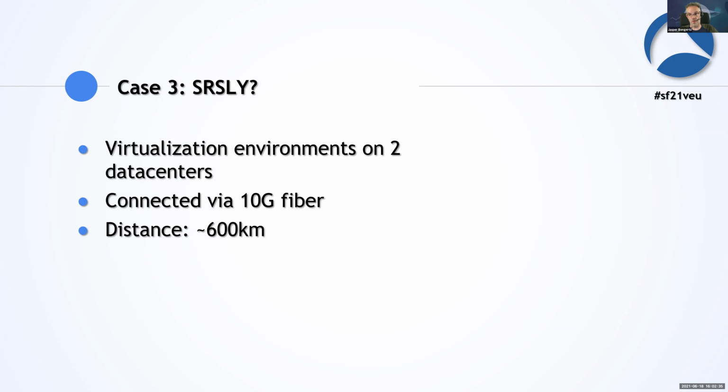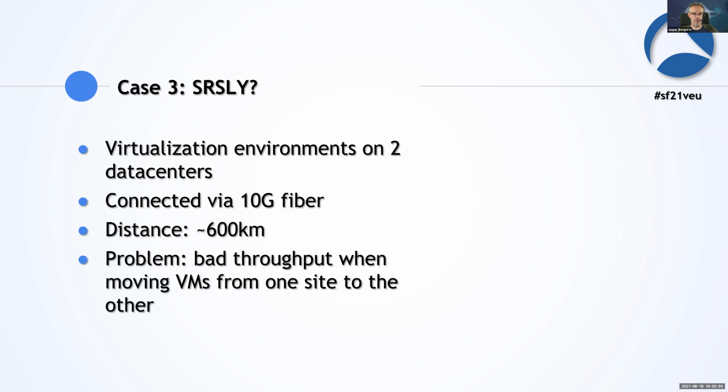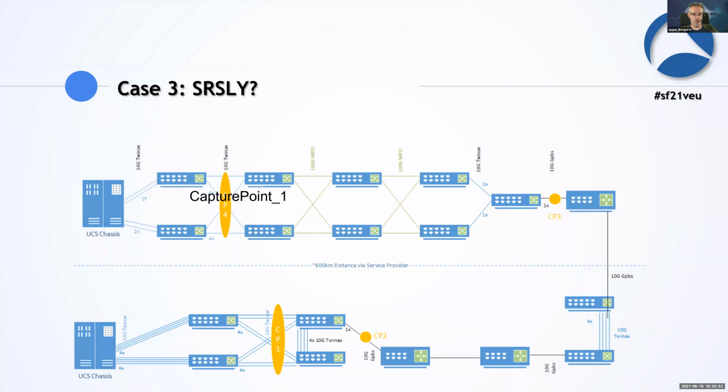And before you can do an analysis, the first thing you need to do is capture. And capturing this was, I think, the biggest environment I've seen so far from a throughput point of view, because this is how it looked. It was more complex than this. I removed a couple of things.